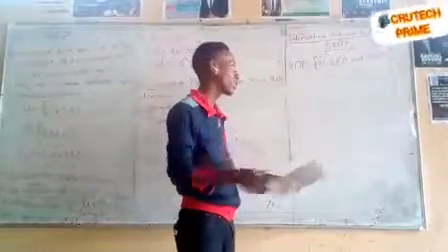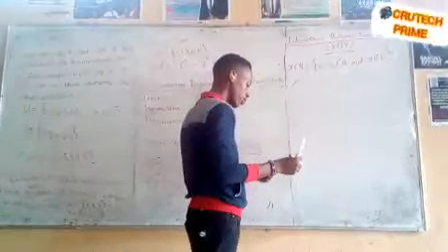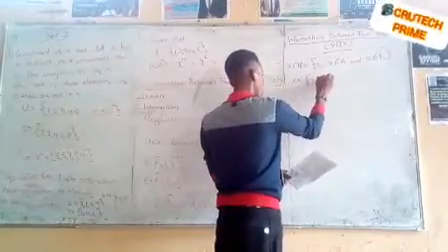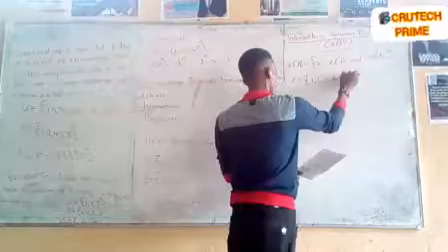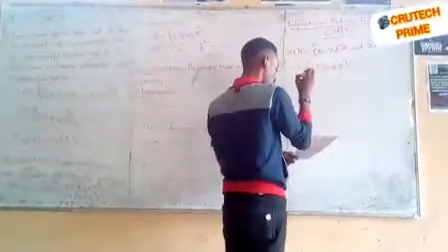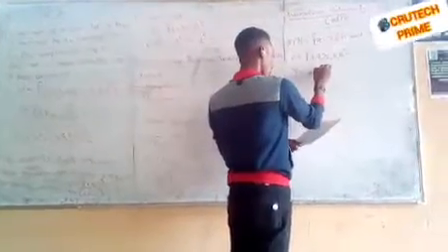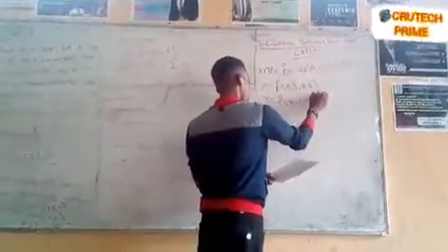Let's look at the sets X and Y. X is equal to 1, 2, 3, 4, 5. Y equals to 3, 9, 10, 11, 12.